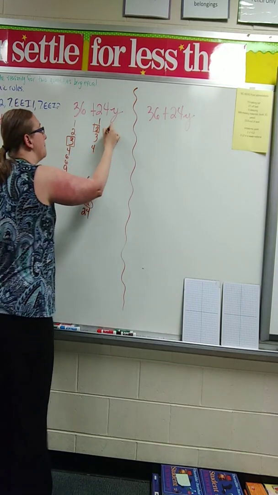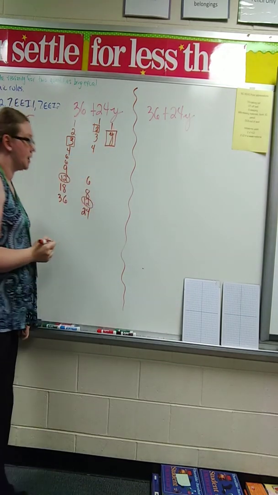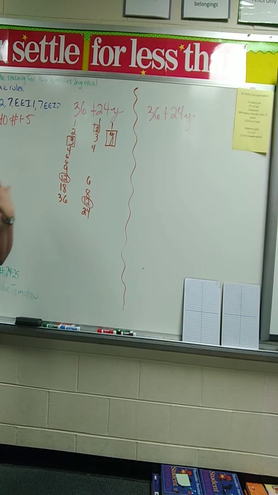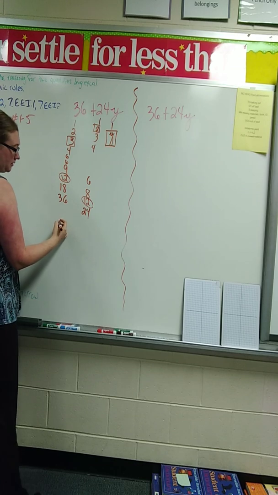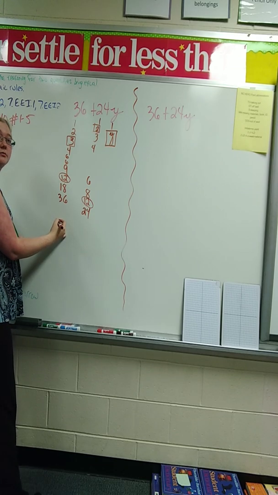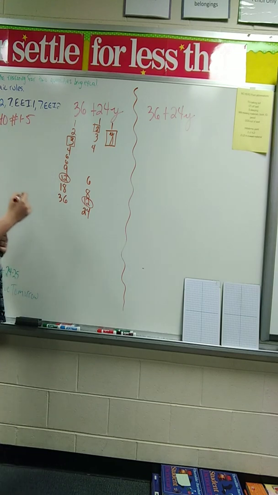Y. Okay. So, somebody tell me, how do I write this in factored form? 12 on the outside.